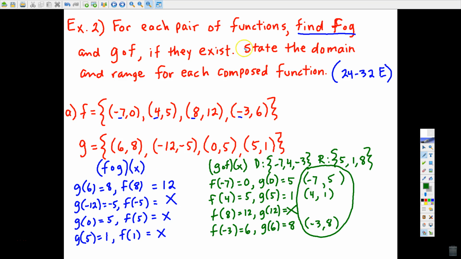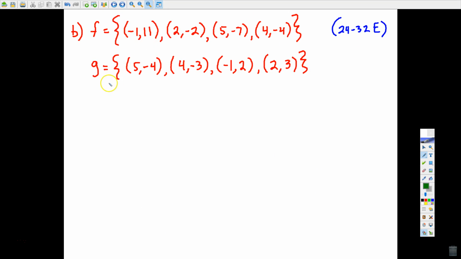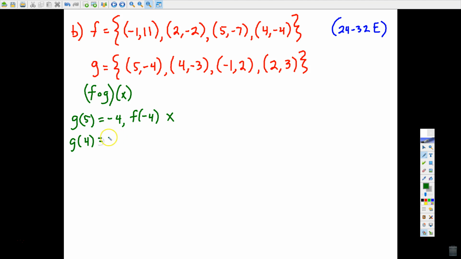All right, so let's do this f of g of x first. This composite. So we're going to evaluate the g function first, starting with this ordered pair. G of 5 gives me an output of -4. So when I do an input -4 into the f function, there is no -4 x coordinate, so this doesn't exist. So let's go to the next ordered pair. G of 4 gives me an output of -3.